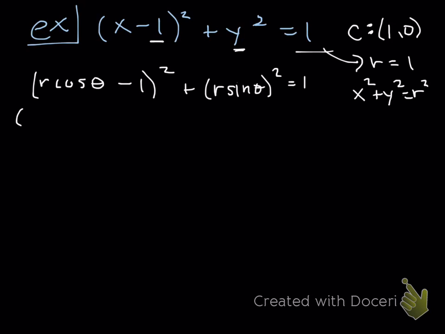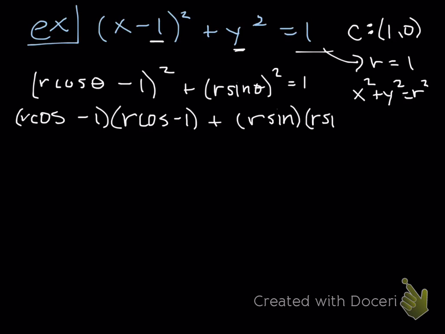So this is an r cosine minus 1, r cosine minus 1. And again, you could write this one twice. This is an r sine times an r sine equal to 1.